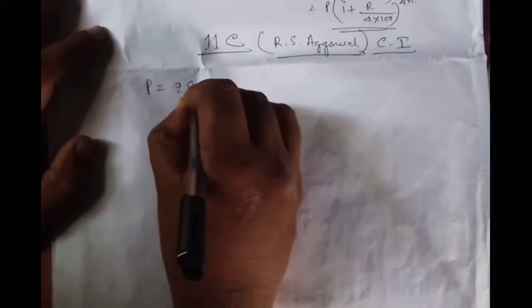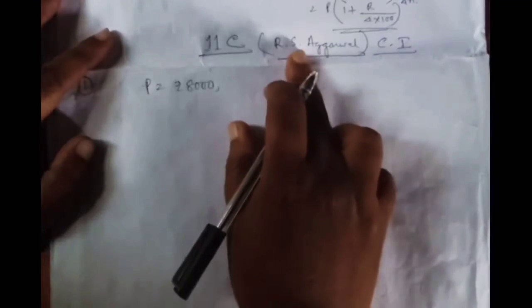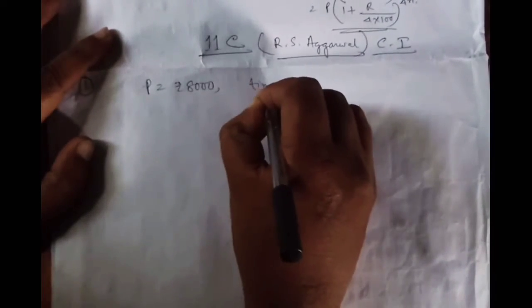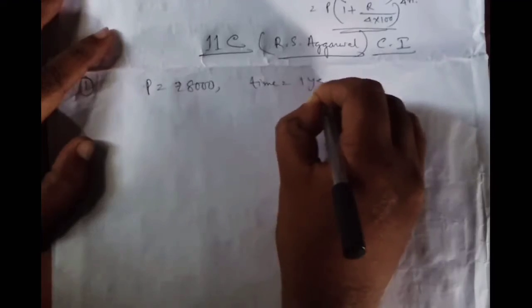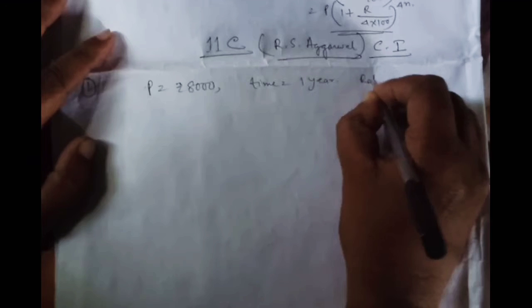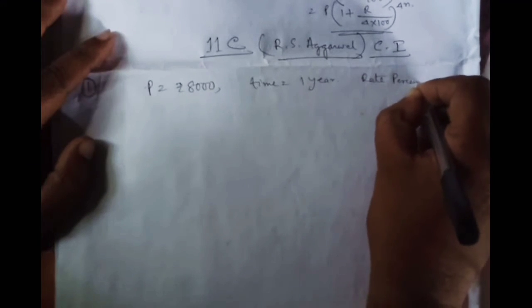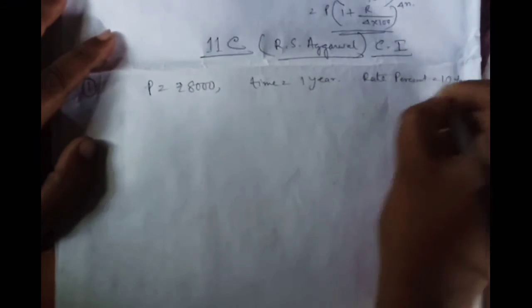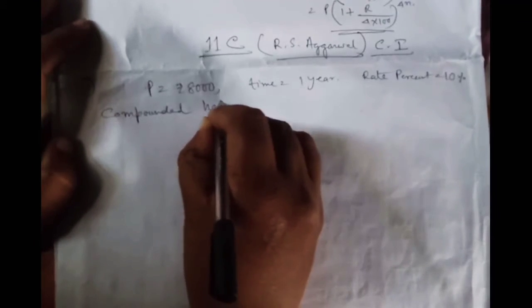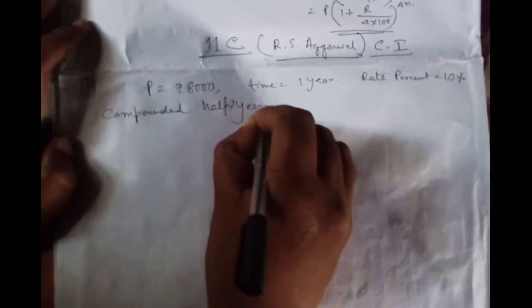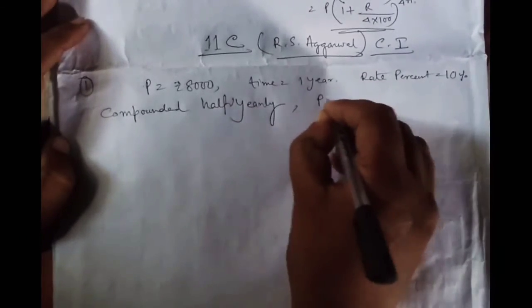So P is equal to rupees 8,000, time is equal to 1 year, rate percent is 10%. It is given to us. Now since it is compounded, we have to keep in mind that it is compounded half yearly. So P will be fixed at 8,000.